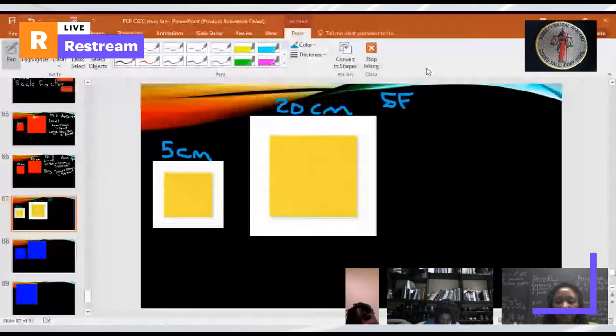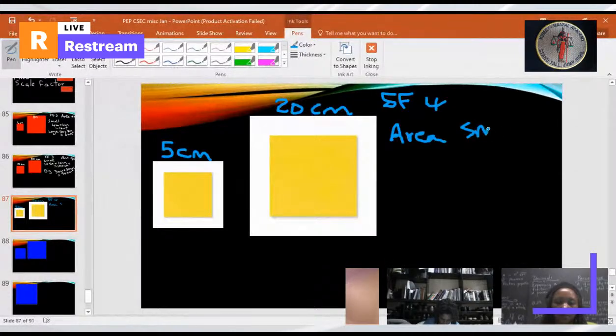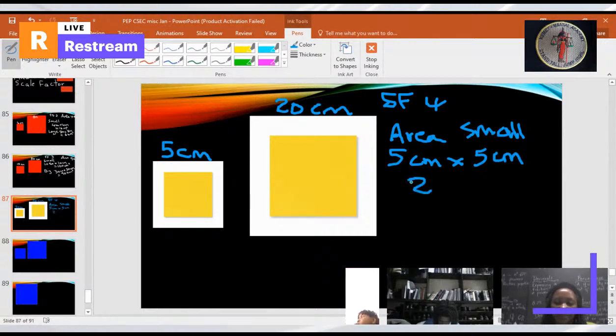Scale factor 4. And the area of the small square, Miss, the area of the small square is 25 centimeters squared. So that would be 5 centimeters times 5 centimeters, 25 centimeters squared.